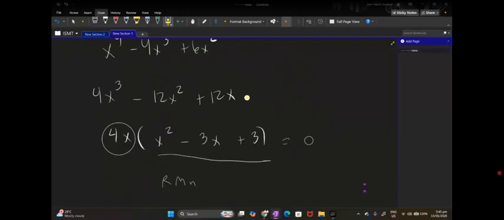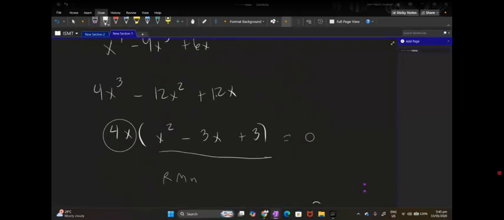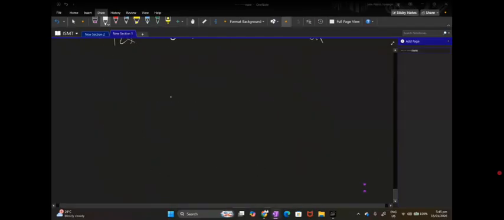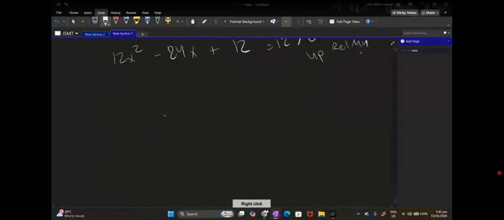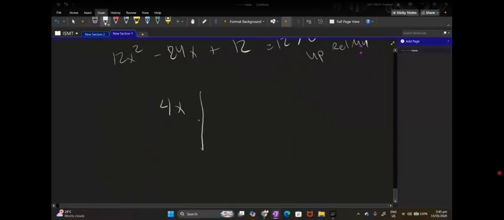So, paano ba natin malalaman if it's relative minimum or maximum? So, 4x lang pwede natin lagay dito. So, 4x, x is less than 0 and x is greater than 0. Less than 0, it's negative.